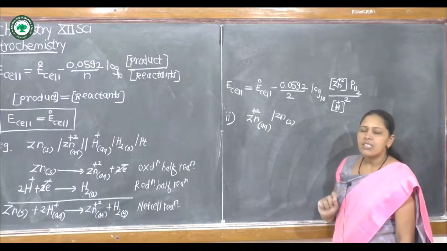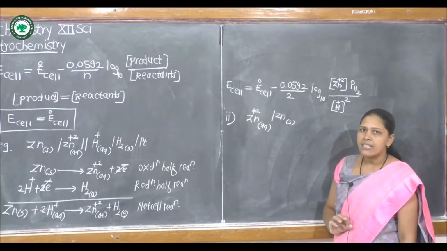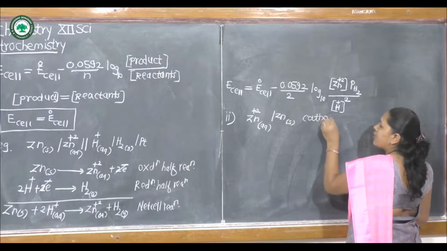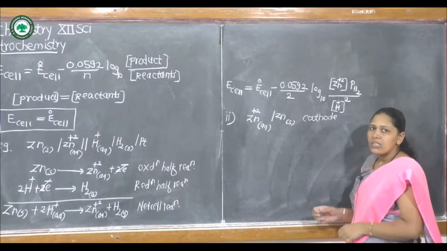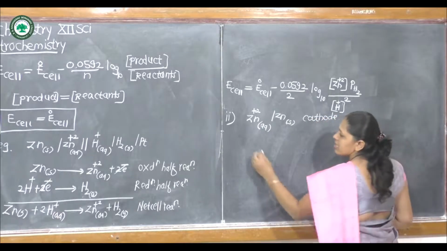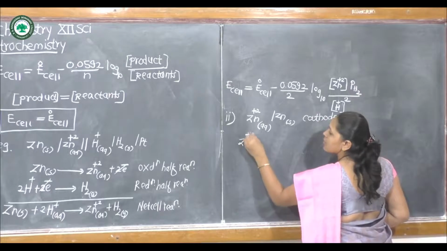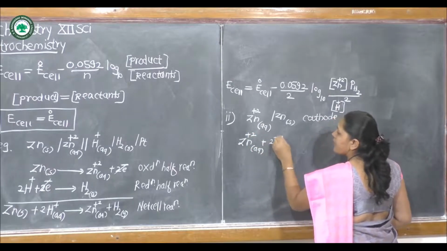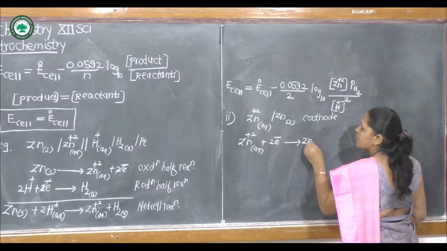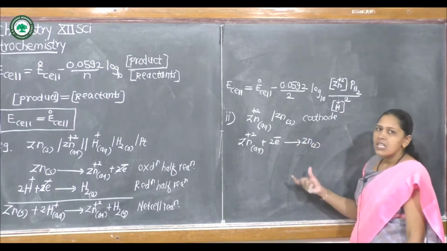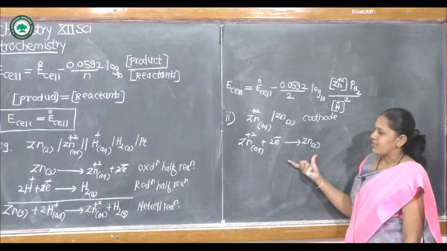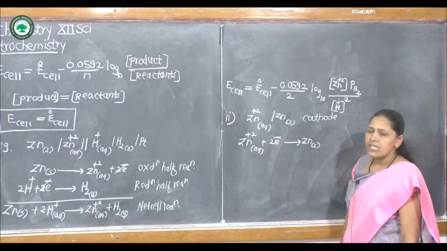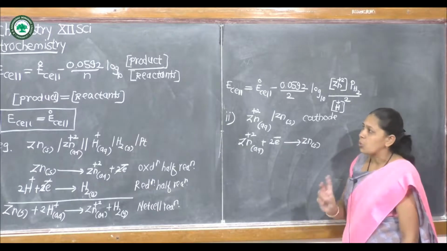Here aqueous state first, therefore it acts as a cathode. And we know that at the cathode reduction reaction takes place, therefore zinc plus 2 accepts 2 electrons, it gives zinc solid. This is the electrode reaction, and the number of moles of electrons involved in this electrode reaction is 2.